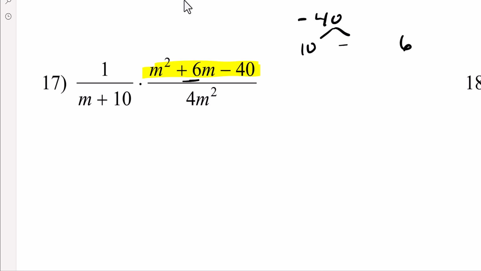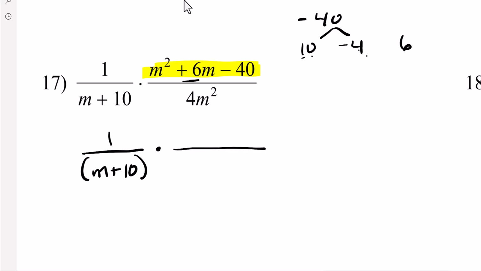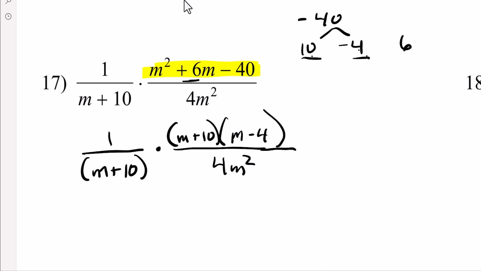So positive 10, negative 4, multiply to be negative 40. 10 minus 4 equals 6. So we're going to rewrite this as 1 over m plus 10, now we're multiplying, so we have m plus 10, m minus 4, all over 4m squared.